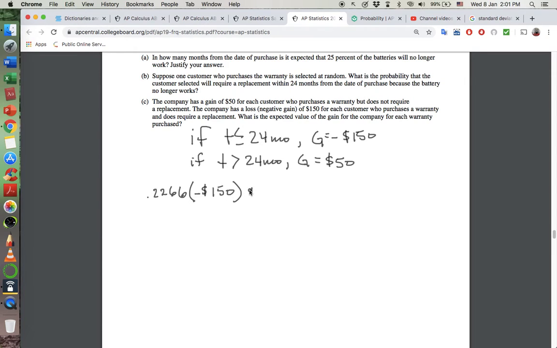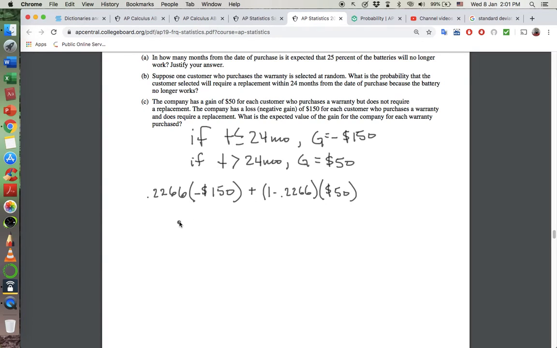And we're going to add to that the probability that the phone battery breaks after the term of warranty. Well, so if here's the chance that it breaks within the term of warranty, everything else is after the term of warranty. So we're just going to say 1 minus 0.2266 and multiply that by the gain, which is $50.